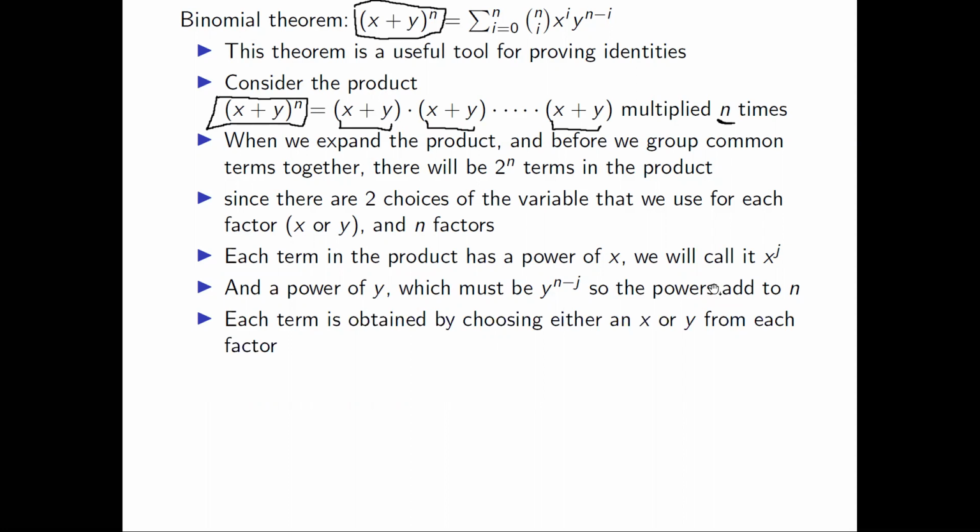And we can note that each of the terms in our product, and this is something I mentioned before, but it's important, each term is obtained by just choosing a single x or single y from each factor. So each term that we get in our product, let's consider a small example. X plus y times x plus y.